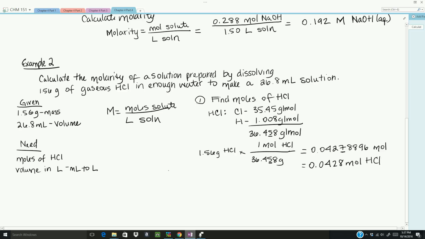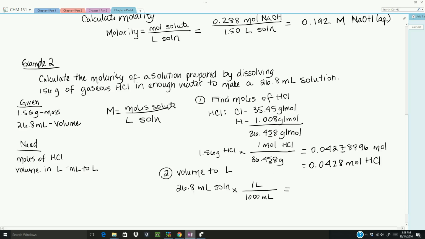Alright, so step 2, we need to convert volume to liters. We were given 26.8 milliliters of solution. Remember, for every 1 liter, there are 1,000 milliliters.